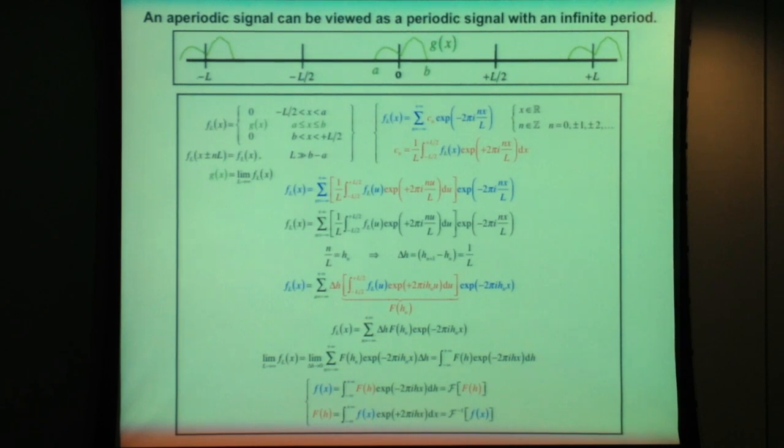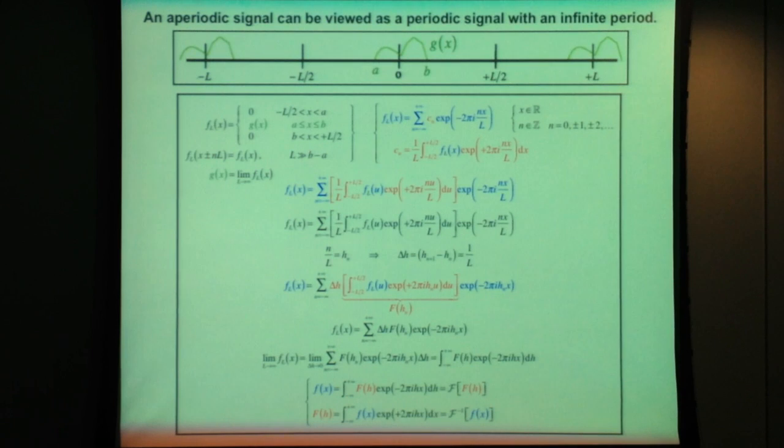So we can multiply that conjugate times the function f sub L of x and integrate that over one period. So we can get these complex exponential coefficients for the Fourier series. So we make those substitutions in our expression for f of x over the period L.